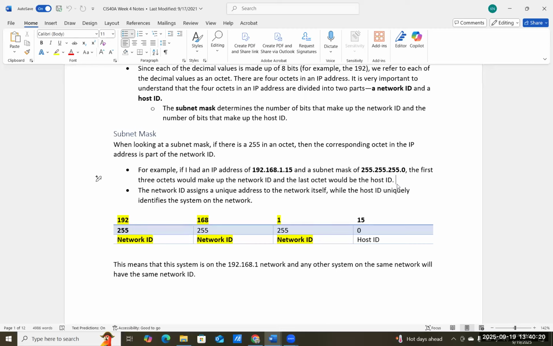So when you look at this subnet mask, the default class C address, if all of these three octets are on, that represents your network ID. The system simply looks at all 24 bits.